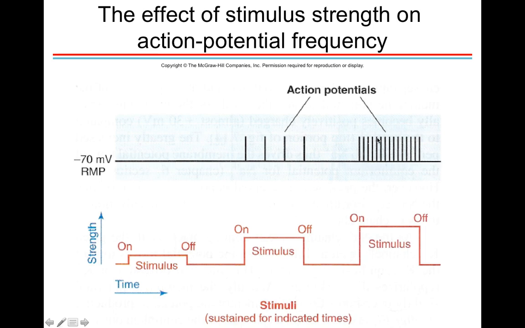What it would do is make the action potential more frequent. So it'd be firing, take a break, firing, take a break, firing, take a break, which is what you're seeing with this pattern. So really the frequency is what will be more frequent with a stronger stimulus, and a weaker stimulus, as long as it passes the threshold, will give you a less frequent action potential.